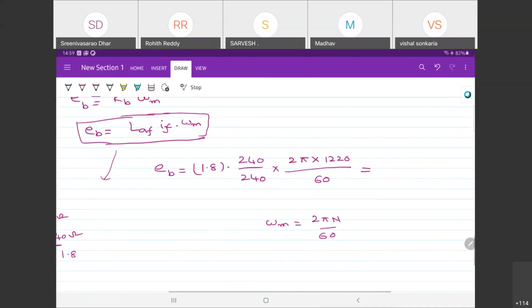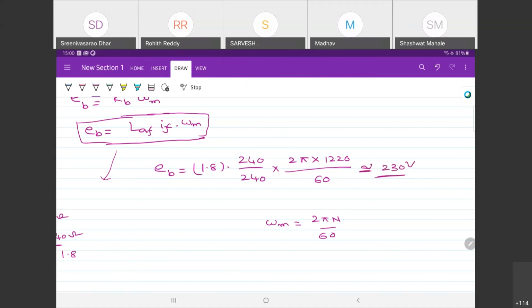What is the answer for E_B? 229.96, so roughly 230 you will get.